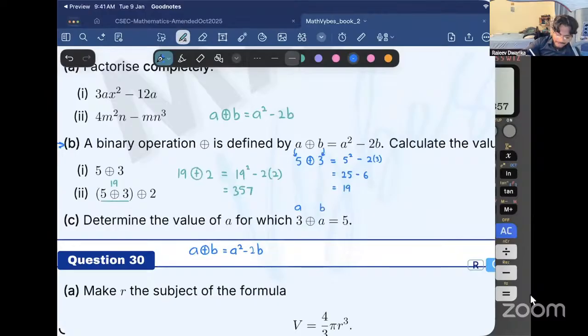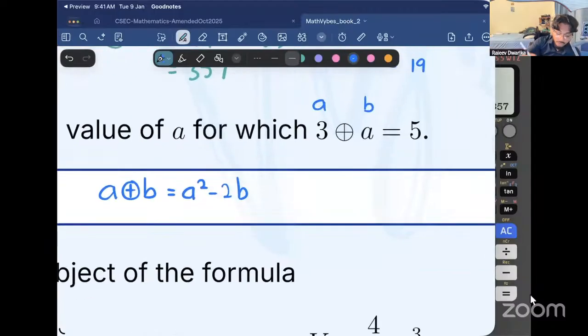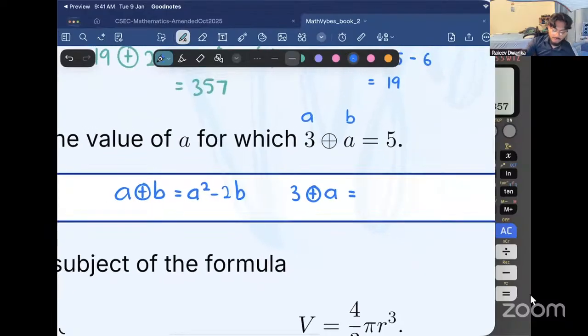So anywhere that I see A, what am I going to write instead? 3. So we want to calculate 3 plus circle A, right? Yes. And so we're going to replace A with 3. So 3 squared, which is 9.